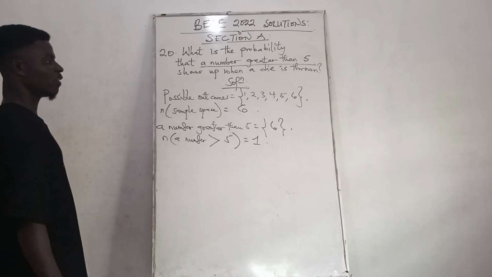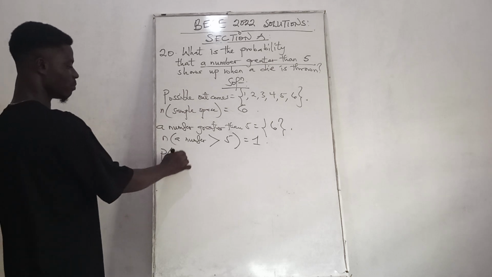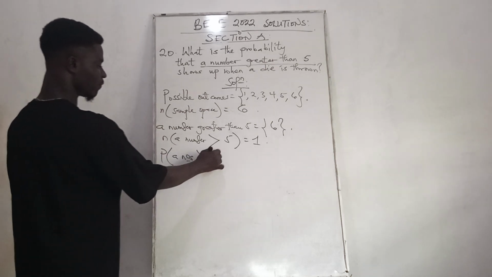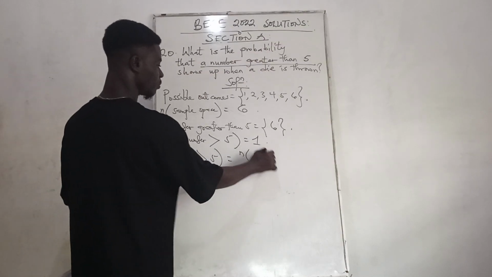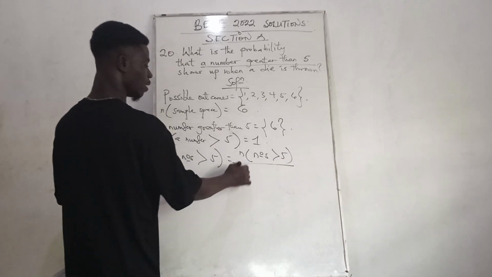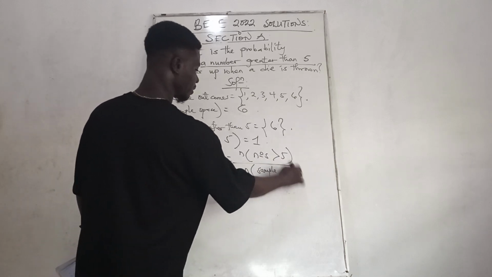So now we want to find the probability. The probability of a number greater than 5 must be equal to n of number greater than 5 over the number of sample space, right?